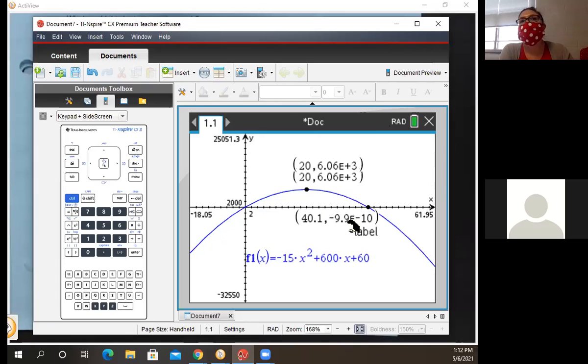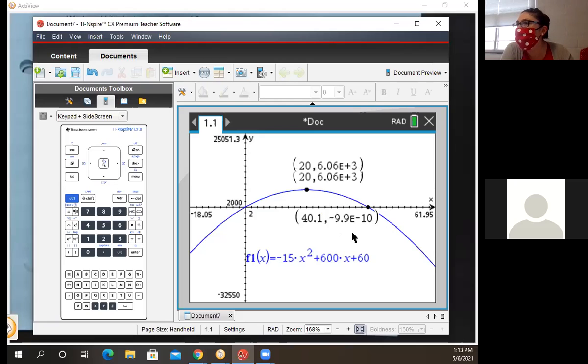I would expect this to be 0. Instead, it's scientific notation again. Because it's e negative 10, that tells me I'm moving the decimal really far this way, so it's a very, very small number, really close to 0. For our purposes, there are some settings that we could manipulate on our calculator so that we don't have what I'm going to chalk up as a rounding error.